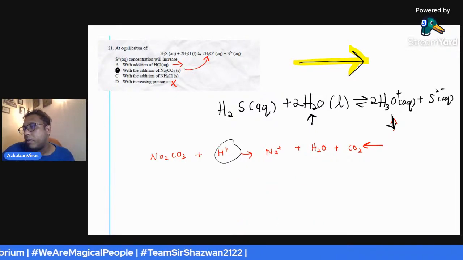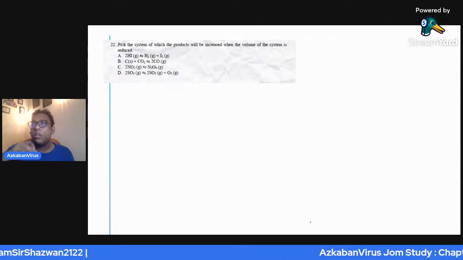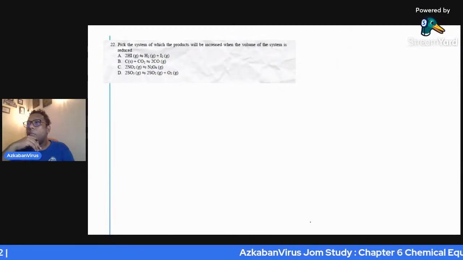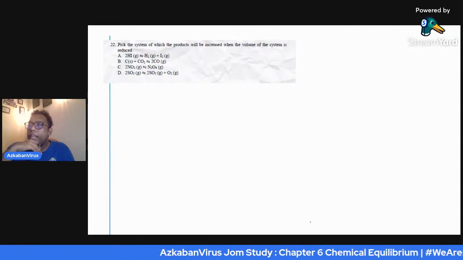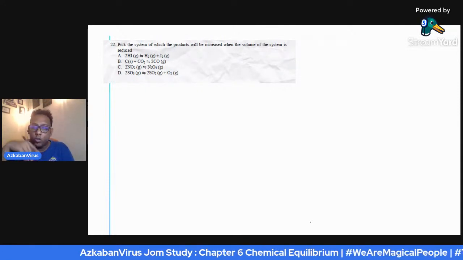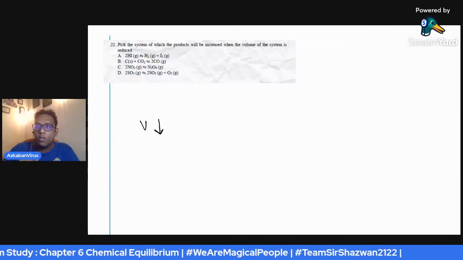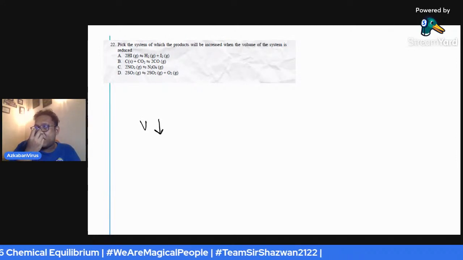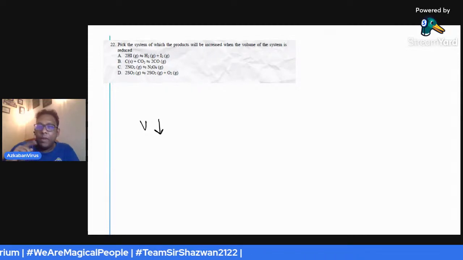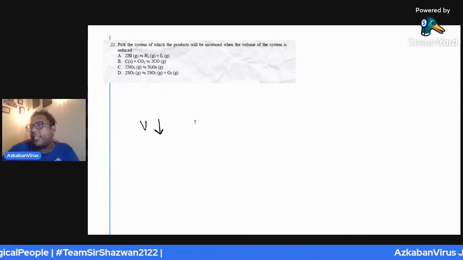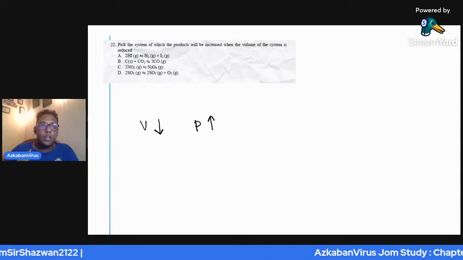Next one. Pick a system which the product will be increased when the volume of the system is reduced. Bila volume jatuh, pressure akan naik.